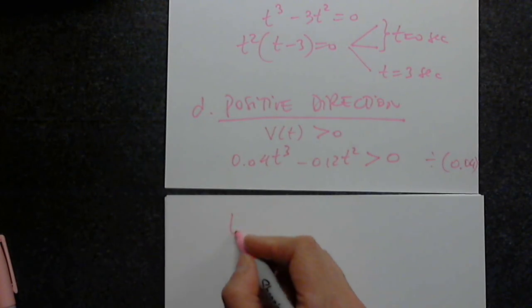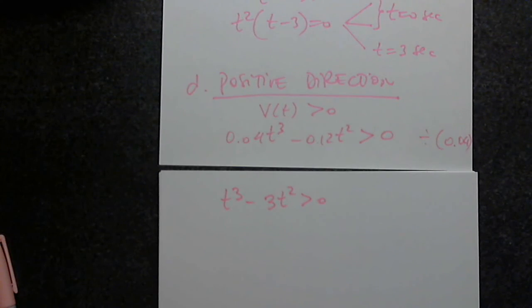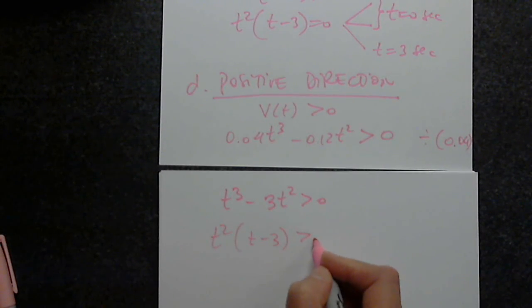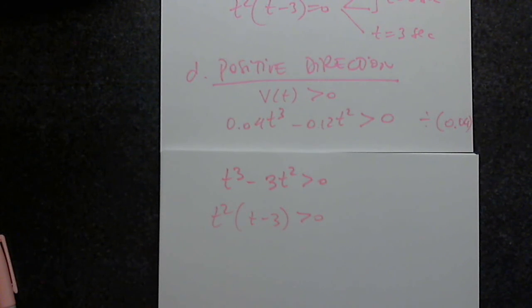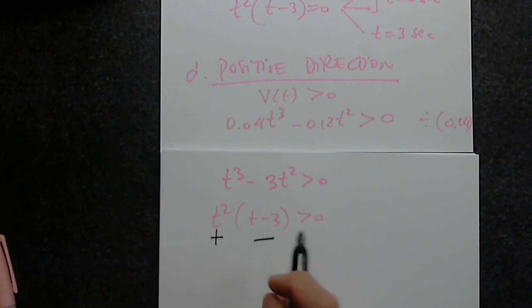I will get t cubed minus 3t squared greater than 0. I will factor out t squared. And the question is, when is this positive? Well, this is a positive quantity. If this happens to be negative, the answer will never be positive.